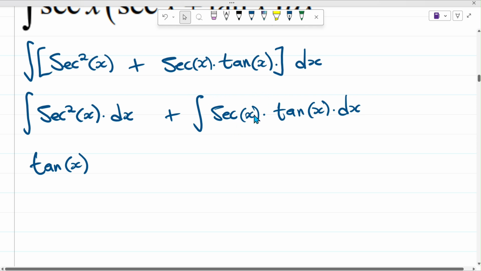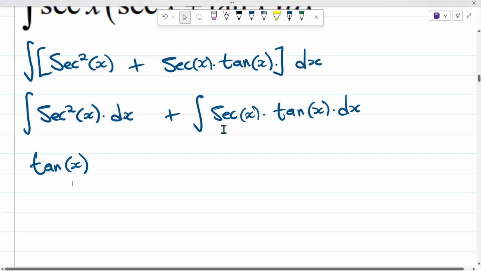Here we check our argument. The argument here is x and x. Whenever we differentiate x, we get a 1, so now that means we can proceed with our integral techniques and make use of our integration formulas for integrating trig functions.